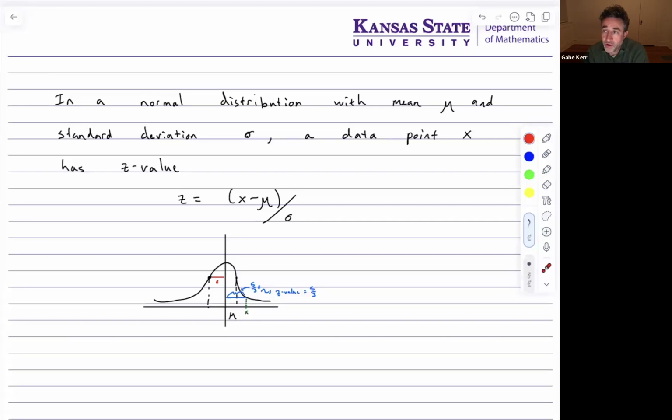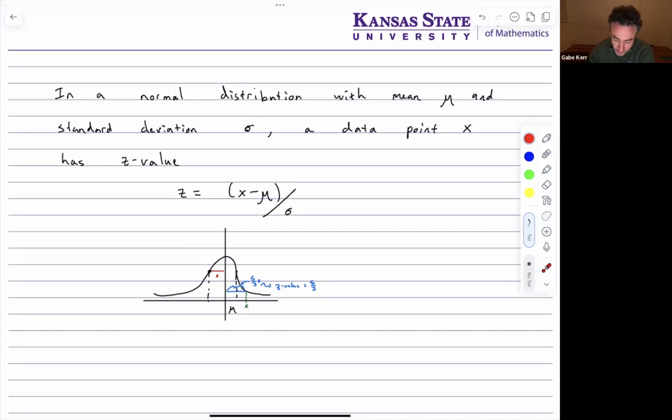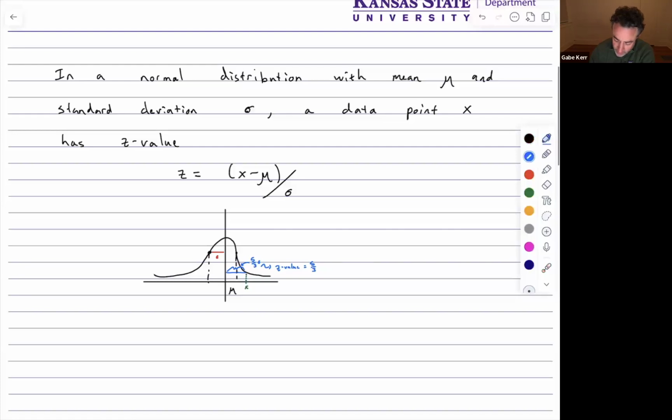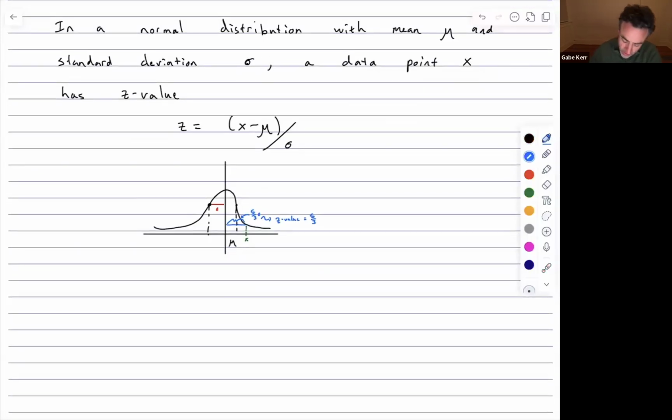So if we're at the 84th percentile, then we should have a z-value of around 1. All right, so let's give ourselves a couple of problems and then see if we can understand.